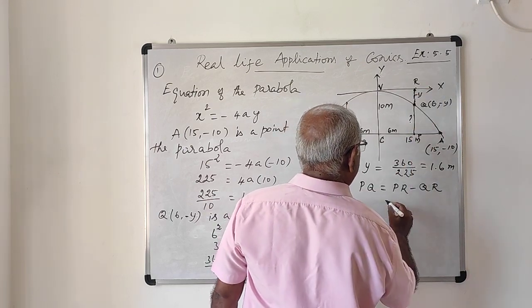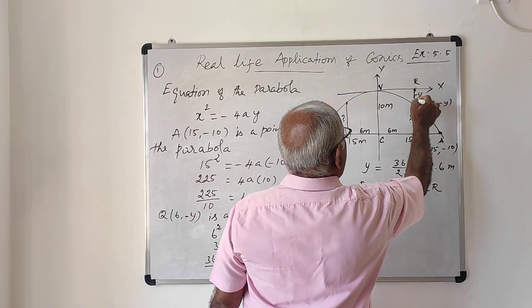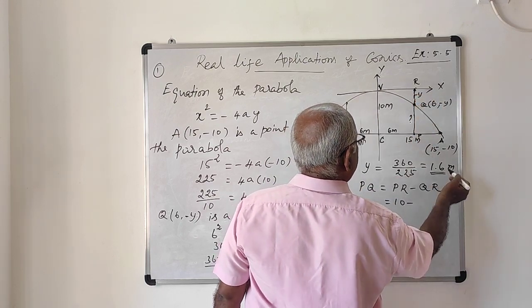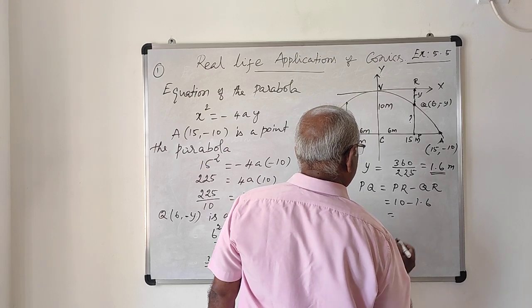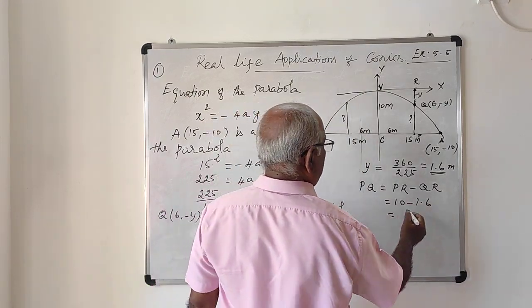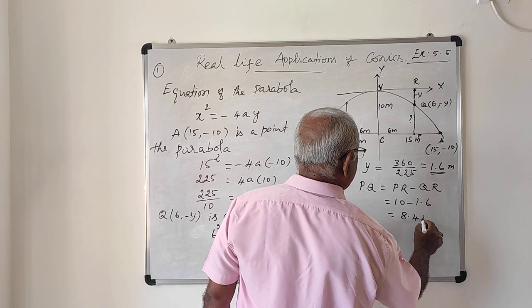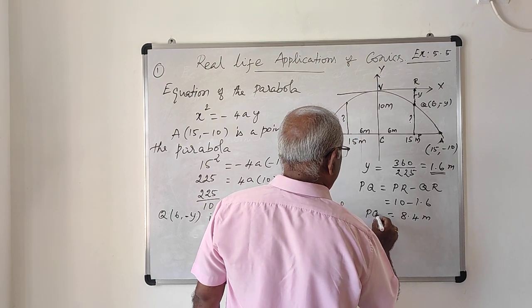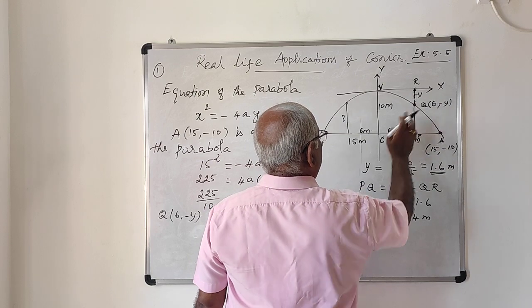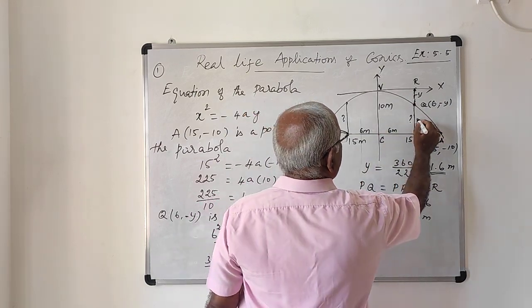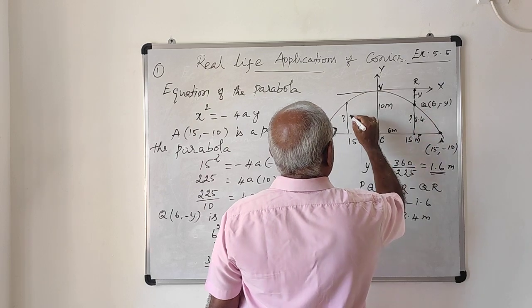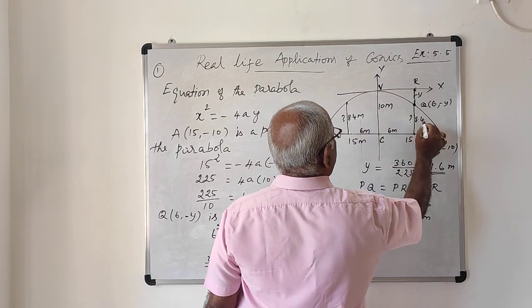PR is 10 meter, and QR we determined is 1.6. So 10 minus 1.6 is 8.4 meter. So PQ, the required height of the bridge 6 meter away from the center on either side, is 8.4 meter.